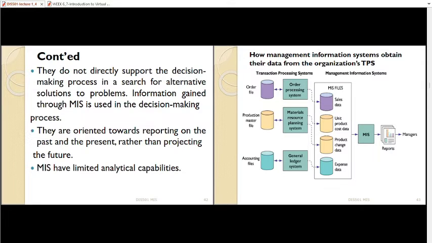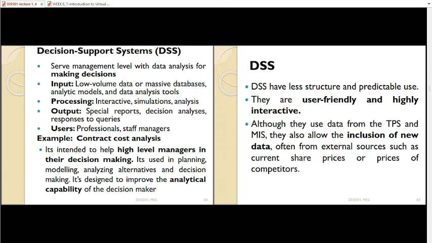But remember, the MIS is within the middle level management, so we are referring to managers within the middle level management. We also have the DSS, the decision support system, which serves management level with data analysis for decision making.